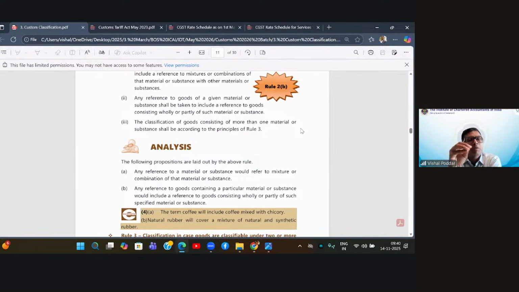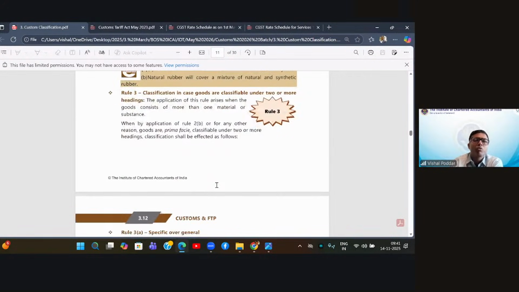Now, I get stuck in rule 2B because my product consists of two or more substances or components. Then under which chapter will I classify it, whether of mango pulp or of products of milk? For this, you now have to come to rule 3. This is what is given in rule 2B itself.